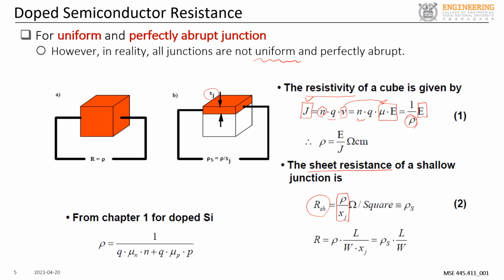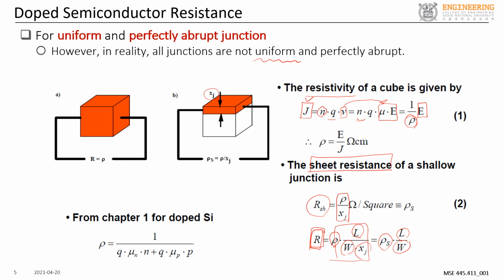At the end, the resistance of your structure is given by this equation. This comes from the dimensions of the doped region and the resistivity, or you could use the sheet resistivity and the dimensions of the doped region. Either the resistance or the sheet resistance is something you can measure from your structure.